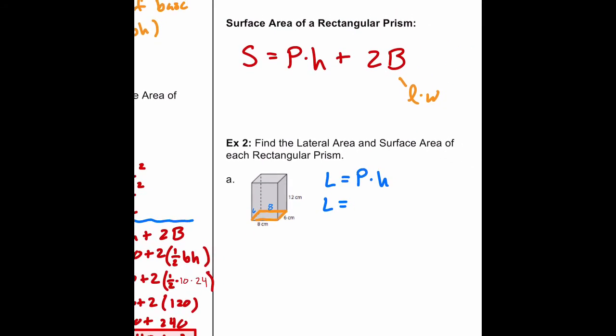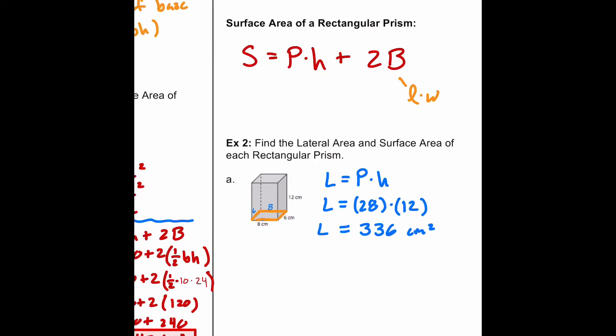So I can add those pieces up: 8 plus 6, and 8 plus 6 is going to give me 28, times the height of this whole figure, which is 12. Some quick mental math: 28 times 12 gives me 336 centimeters squared.